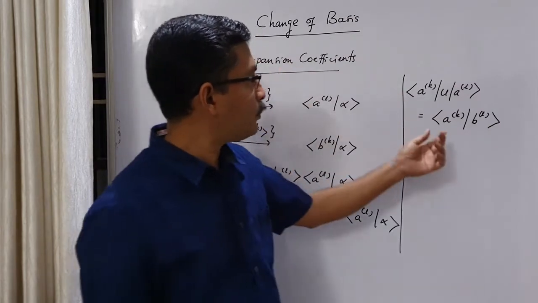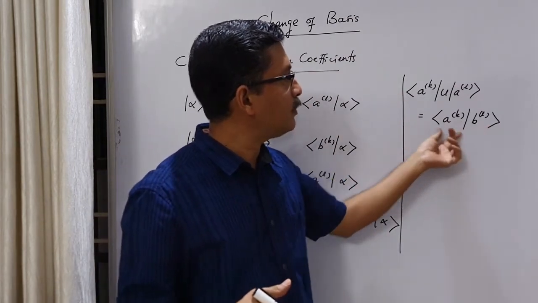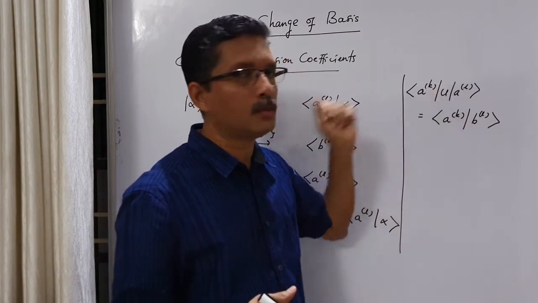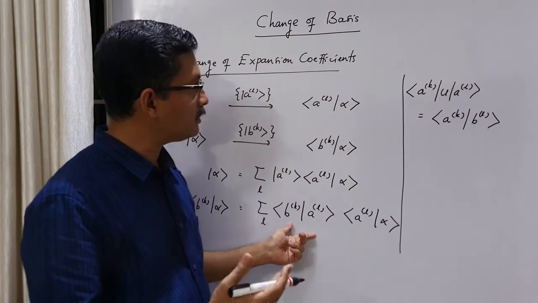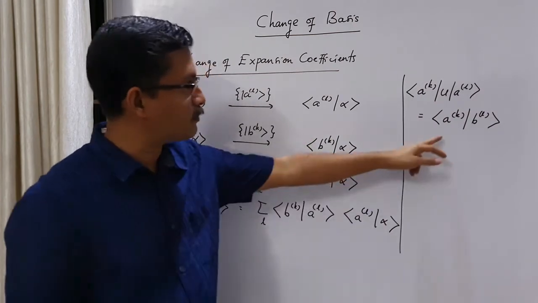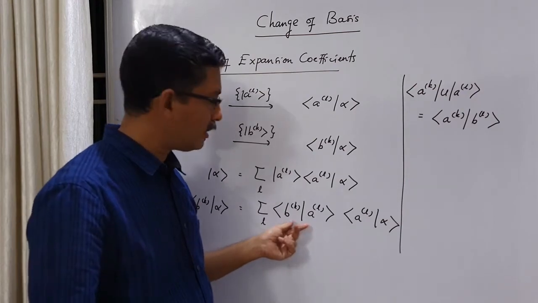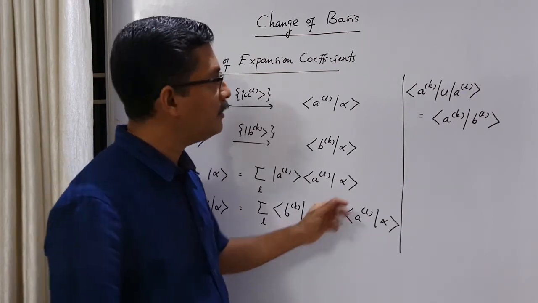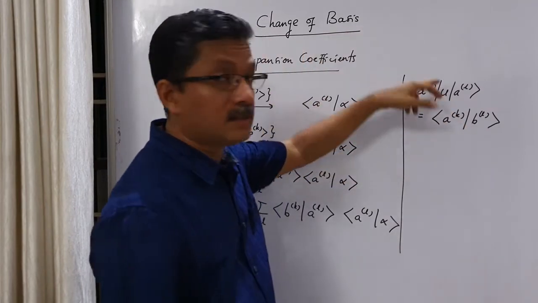So this type of structure, bra vector is old basis, ket vector is new basis, is the matrix element of U. Here the structure is different. It is the Hermitian adjoint of this one. Bra vector is new basis, ket vector is old basis. Then what you get is the matrix element of U dagger.